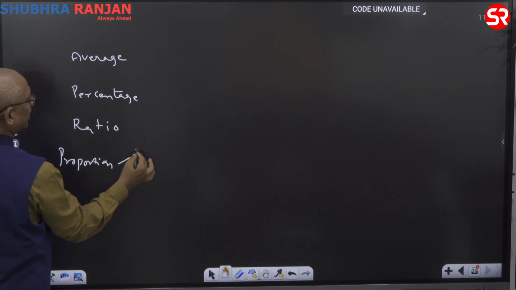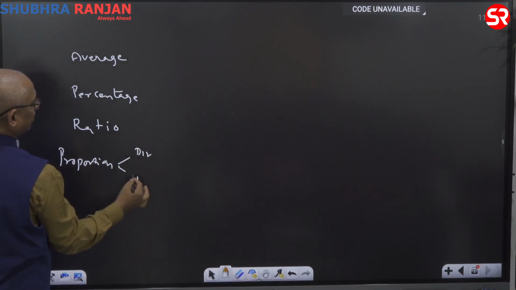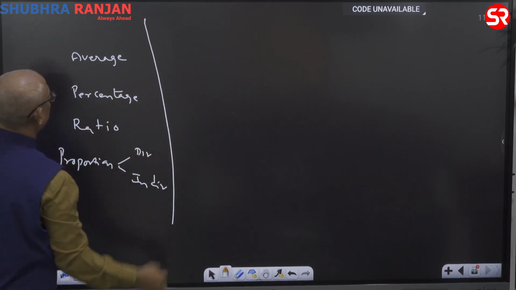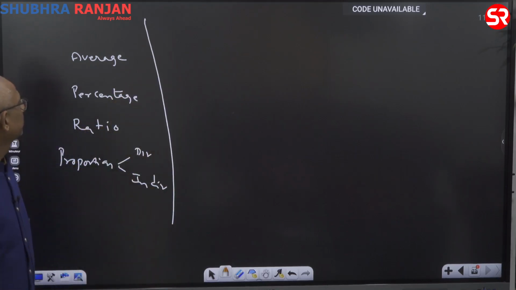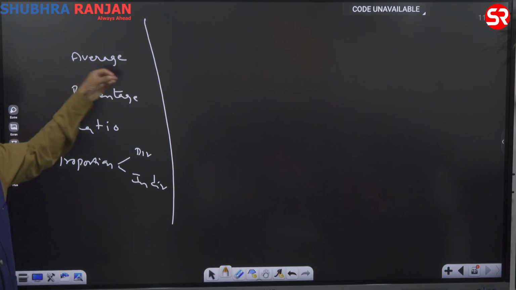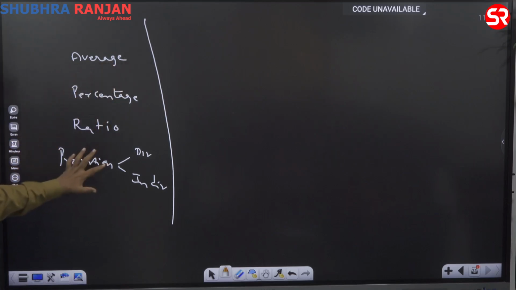What is the meaning? Direct, indirect. You have to understand the meanings of these terms. We are not dealing with the chapters right now. We are going through the basics, what the terms exactly mean, and we will learn some basics related to the terms. Once you go to that chapter, it will be very useful for you.